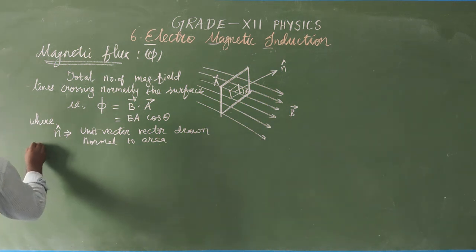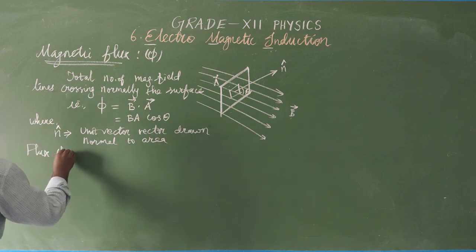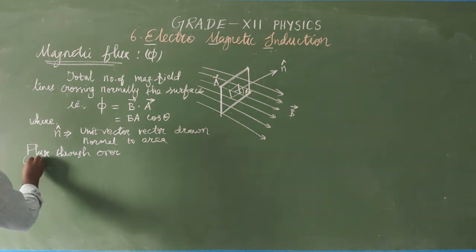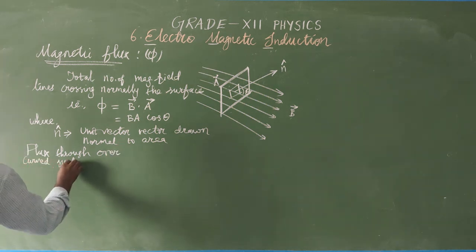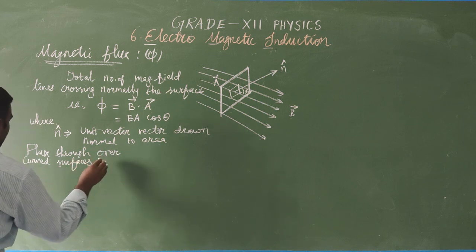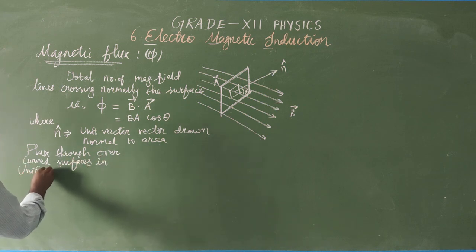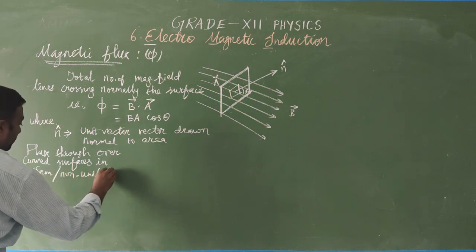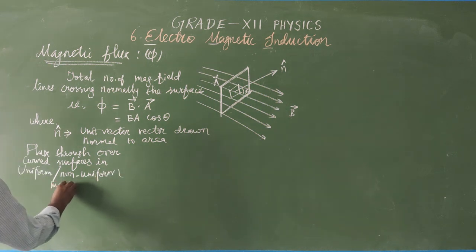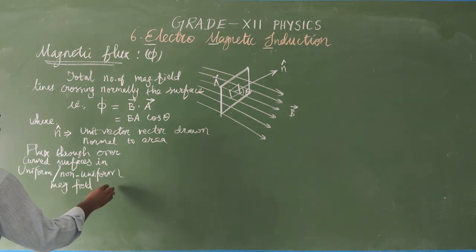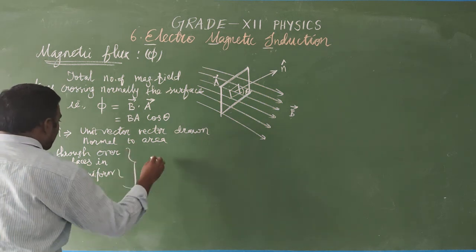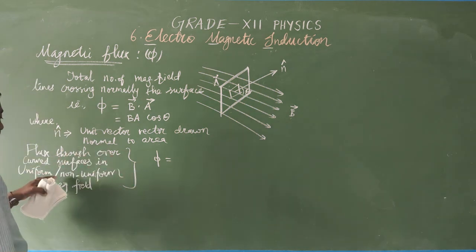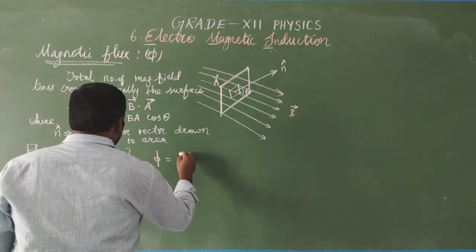Now we are going to see that: flux through curved surfaces in uniform and non-uniform magnetic fields.